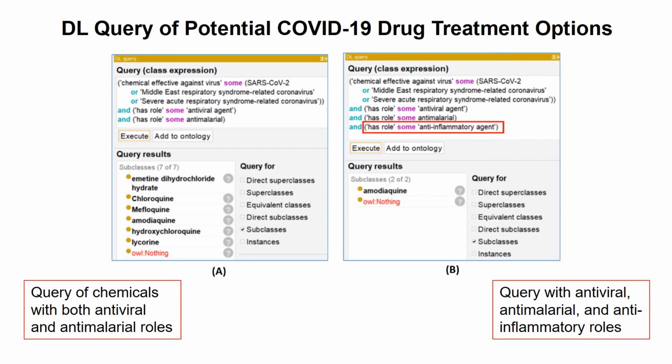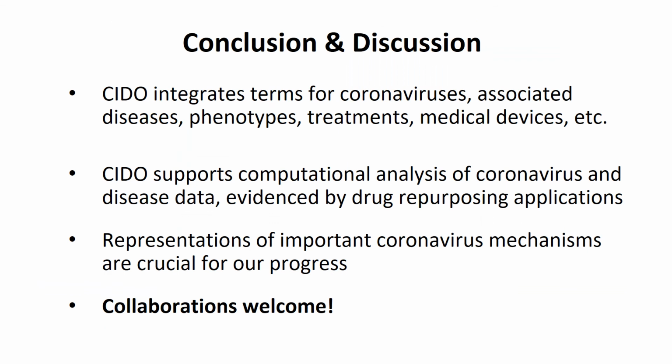Then here you can find 6 of them. And then if you add another condition, has role anti-inflammatory agent role, then you have only one, which is amodiaquine. So you can basically play with it and do some analysis on it.